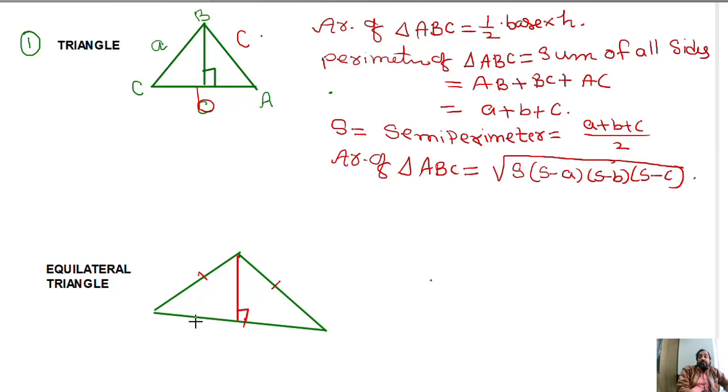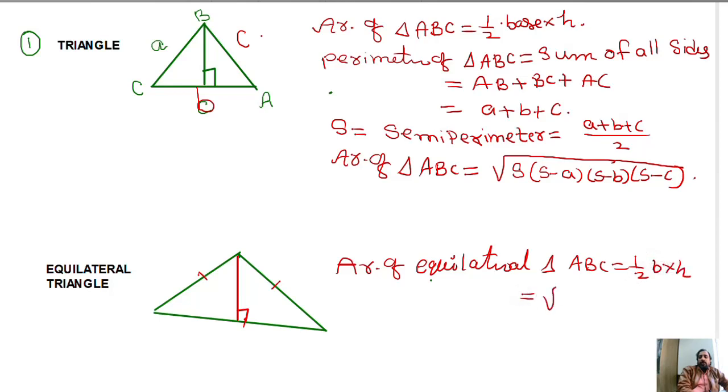Now here the area of an equilateral triangle ABC is nothing but half into base into height, or root 3 by 4 a square, where a is the length of each side. That is the area of an equilateral triangle.